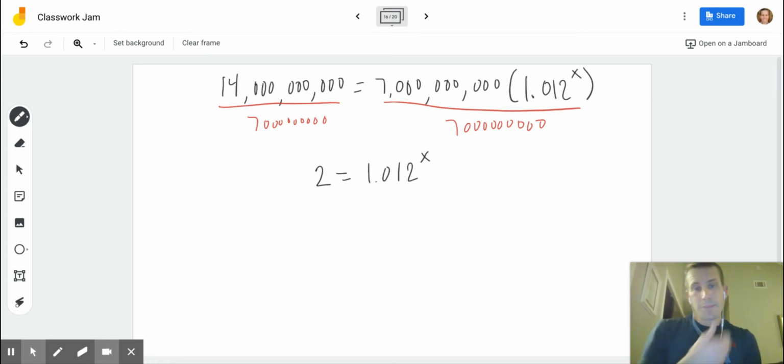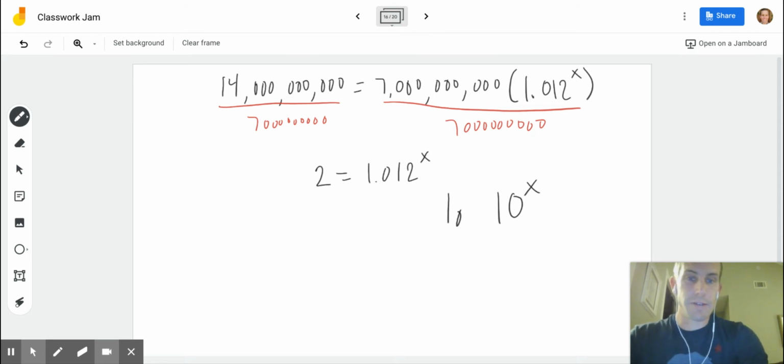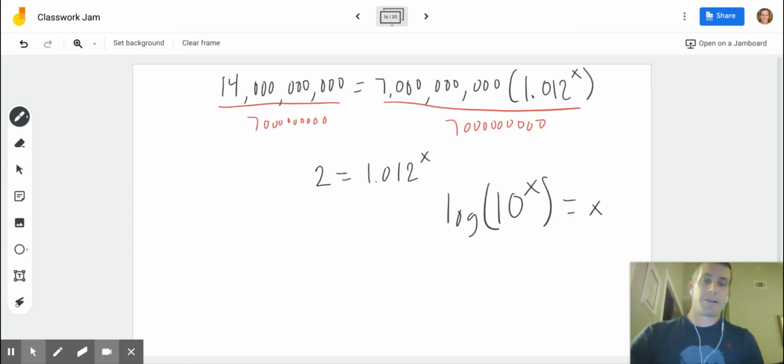Now we saw at the very beginning of this unit that if we had something like 10 to the xth power, we could take the log of that, because taking the log is basically the opposite of raising 10 to a power. So the log of 10 to the xth power is just x, because it's asking 10 to what power is 10 to the xth power?